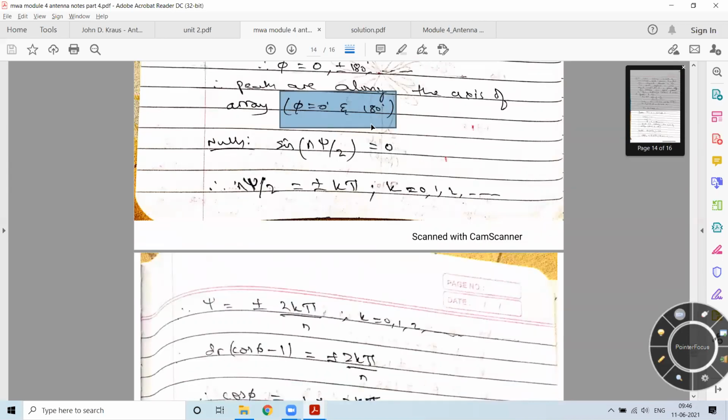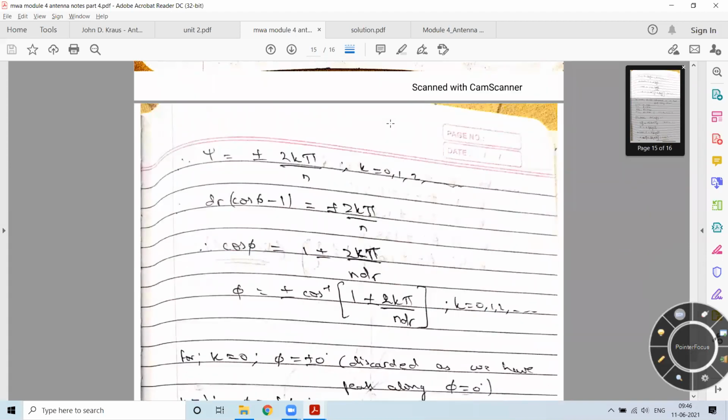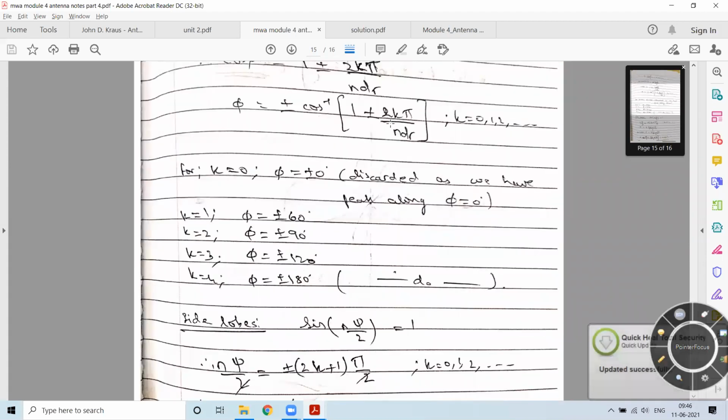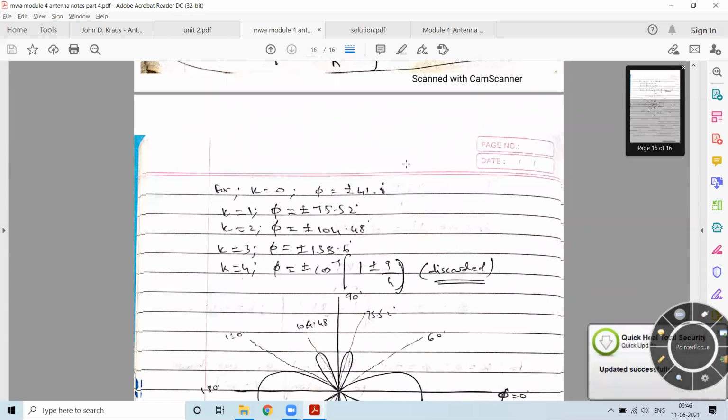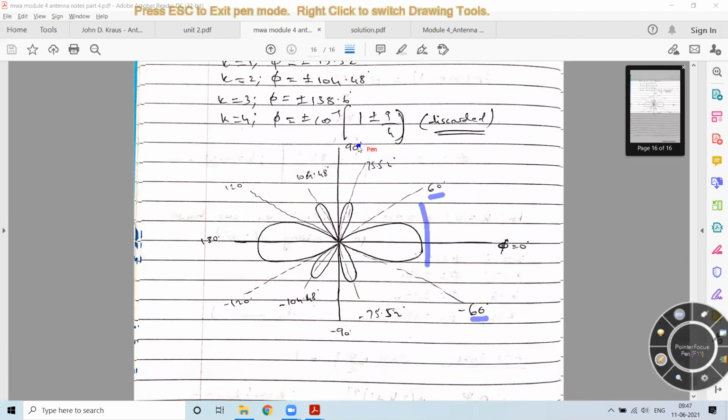Then apart from that, try to identify where nulls are. Between two nulls, you will be having a radiation, that is, you will be having a lobe over there. Between these two angles, I'll be having a lobe. Whether it is a major lobe or minor lobe, you have to decide.